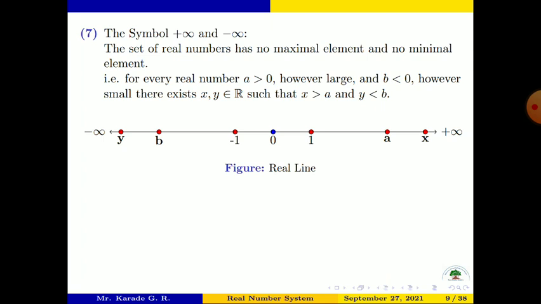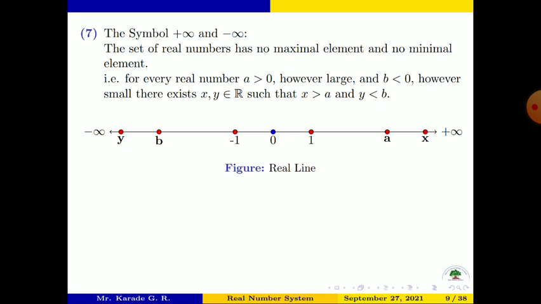To denote a very big number, we use the sign plus infinity. Very big means a positive big number. To show a very small real number, we use the symbol minus infinity. We note that plus infinity and minus infinity are not real numbers; they are only symbols.